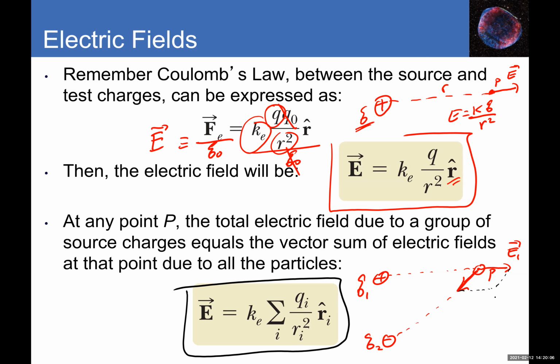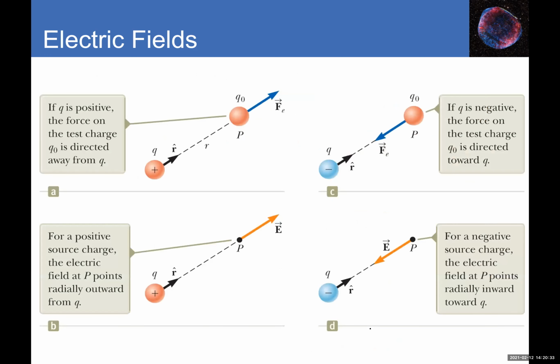The parallelogram method shows that the electric field at that point will be in that direction because of Q1 and Q2, two different charges. For the magnitude, I need to add those two electric field vectors, which you will see in examples. Okay. All right.